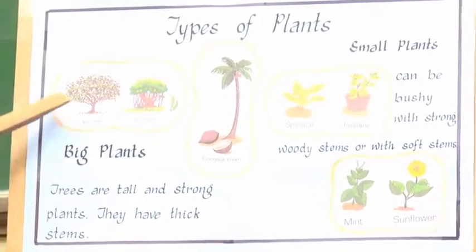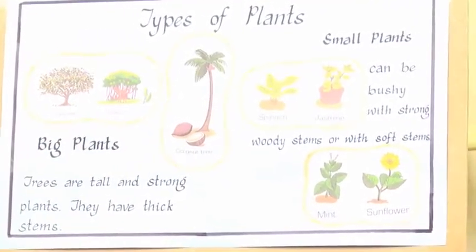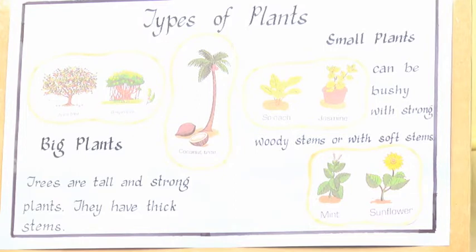Trees are tall and strong plants. They have thick stems. We can see big plants and small plants.